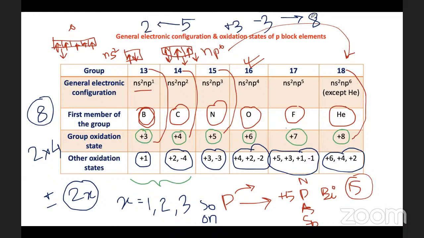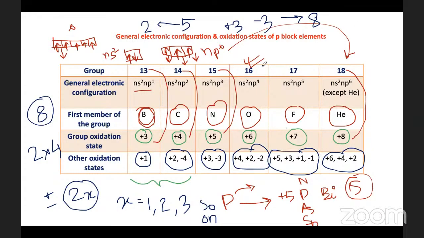Both 2 and 8 are multiples of 2, where x is 1 here and x is 4 here. So for any group, by the method that I have told you, you can calculate how many oxidation states are accessible for the element.